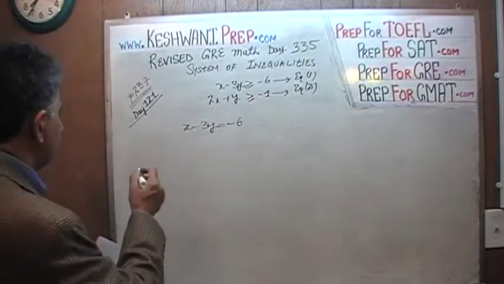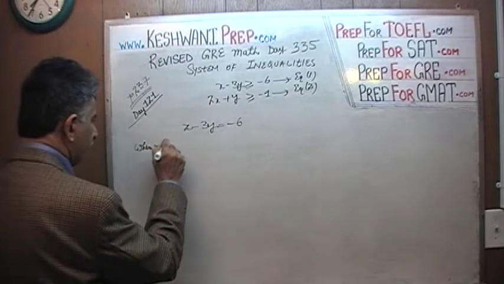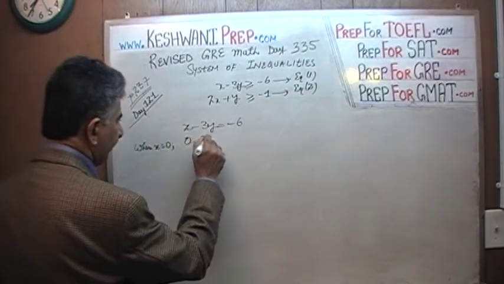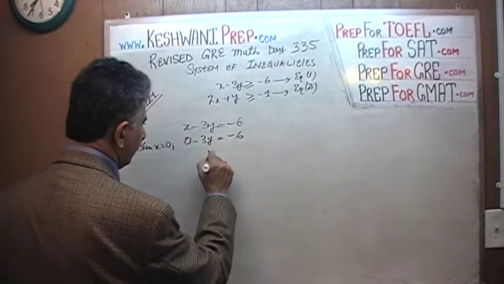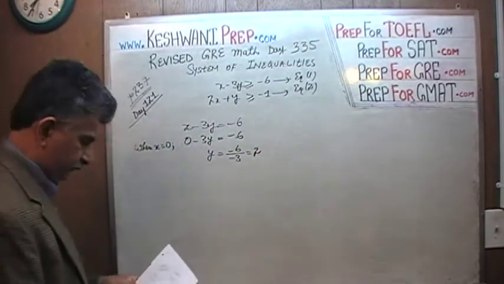So let's do that. When x is equal to 0, you will find 0 minus 3y equals negative 6, and therefore y equals negative 6 over negative 3, which means y equals 2.